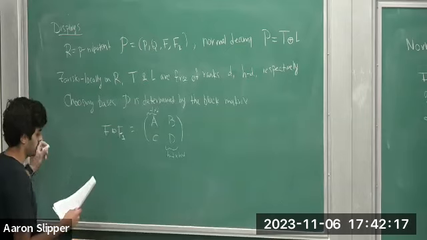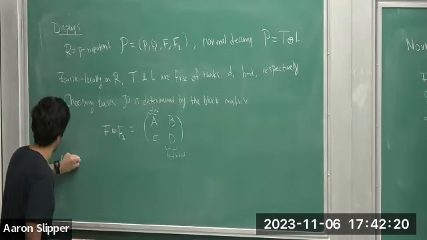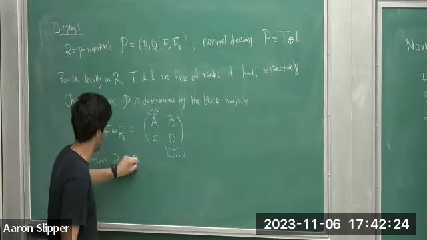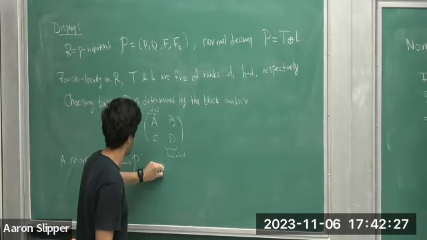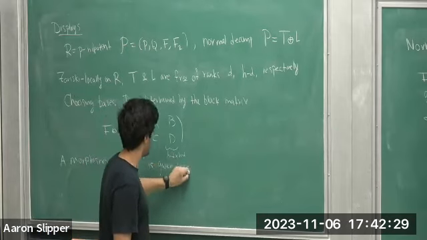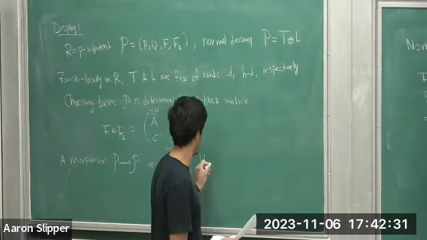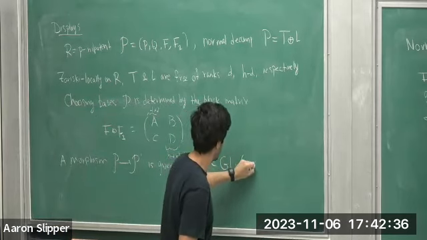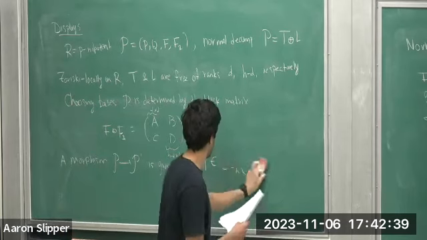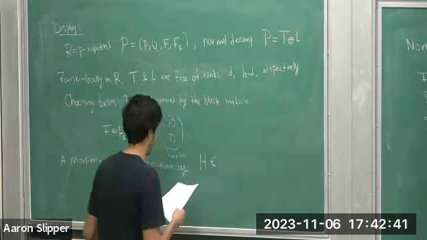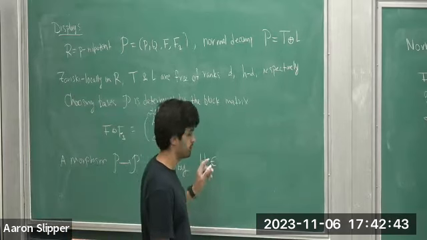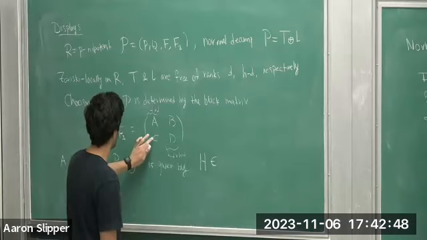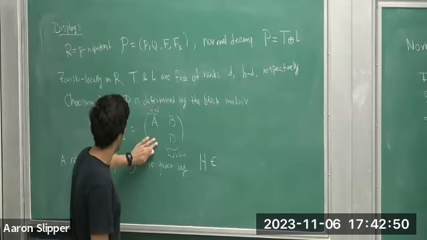So a morphism of P to P prime is given by some matrix H in GL_h of W(R), or sorry, not GL. Just n minus c. Should that C be a big O? No, I guess it's just a C. Just C.